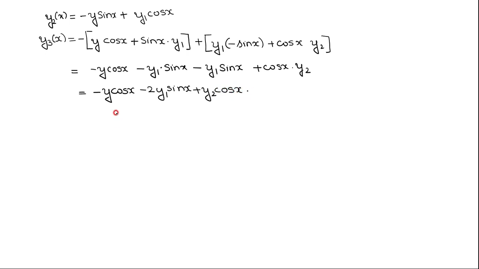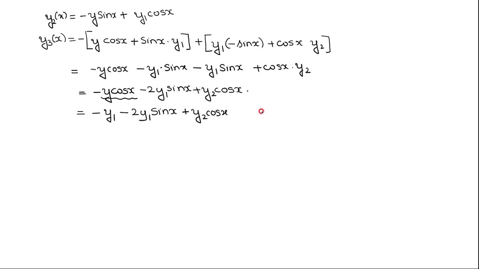Also we can note that this minus y cos x, we can also write this as minus y1. So this will be minus y1 minus 2y1 sin x plus y2 cos x. So here we have put y cos x is equal to y1. So we have simplified this.